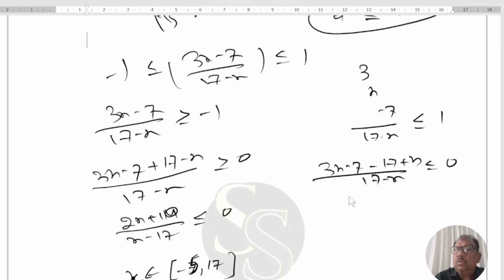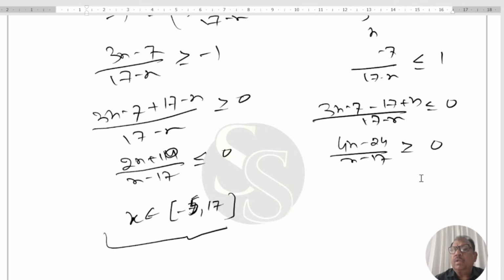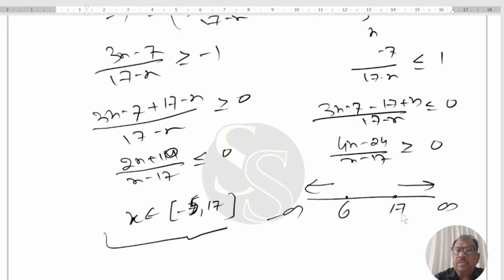On simplification, this comes out to be (4x minus 24) upon (x minus 17). Multiplying by negative, x equal to 6 comes, and outside remains 6 and 17, that is minus infinity to 6 and 17 to plus infinity.